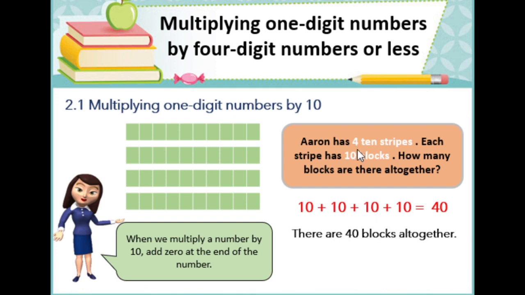If we multiply it by 10, just add 0 and that makes our answer. For this example, 4 added with 0 becomes 40. Thus, our answer is there are 40 blocks all together.